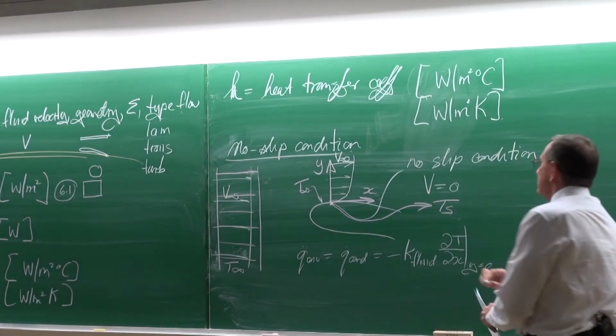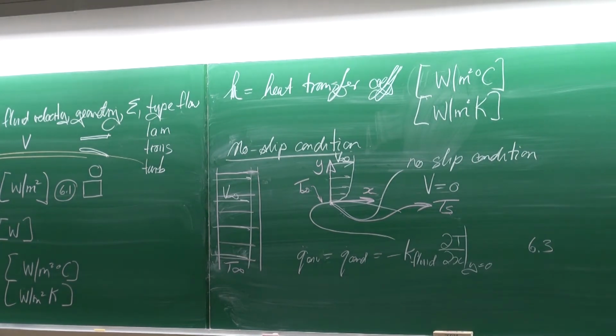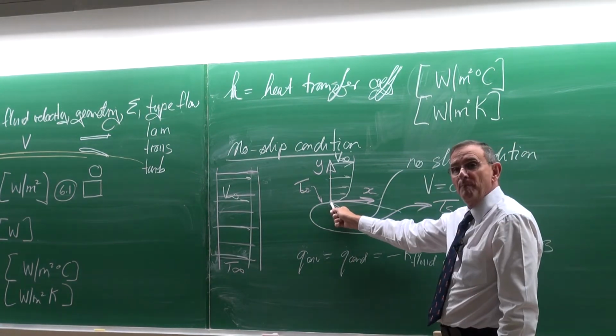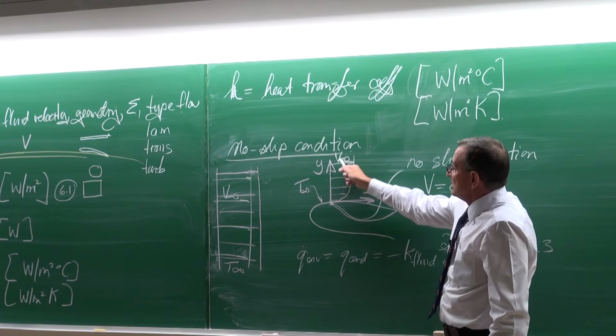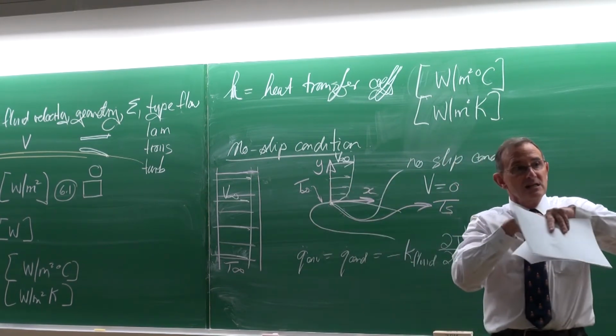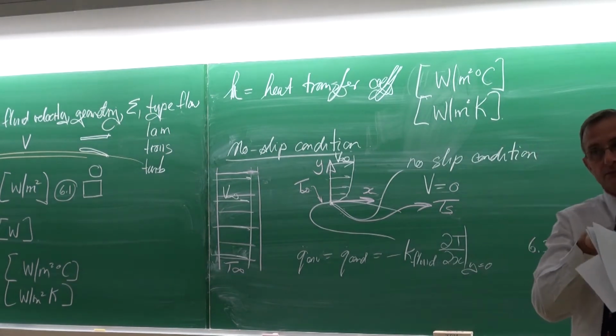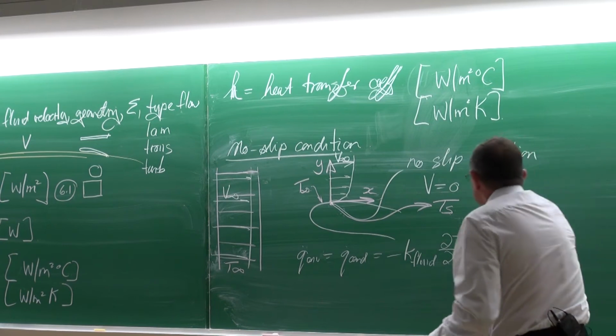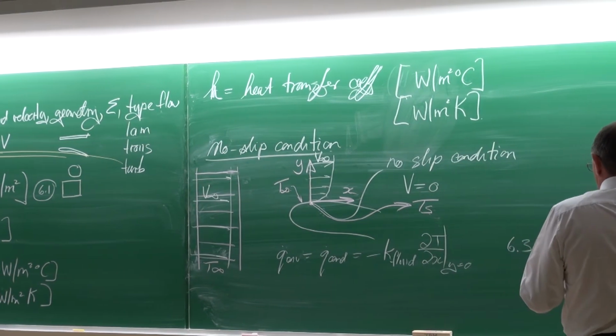And that's equation 6.3 in your textbook. Thus, here on the boundary, although this is our convection heat transfer, on the boundary, the mechanism of heat transfer is conduction from the solid to the fluid. That is equal to conduction.